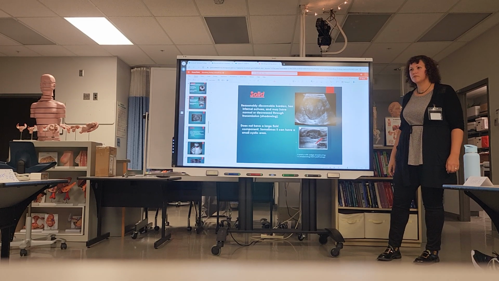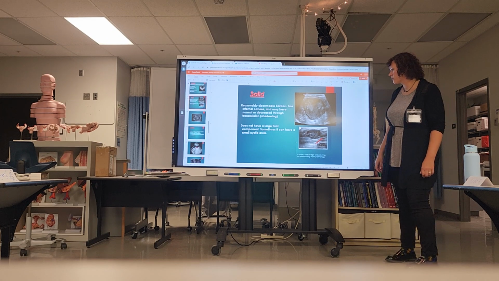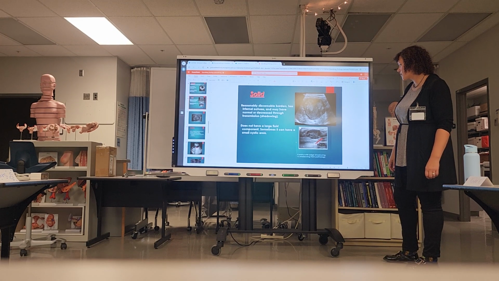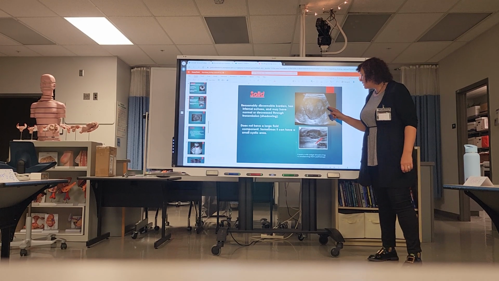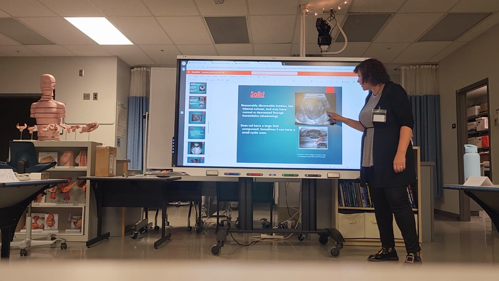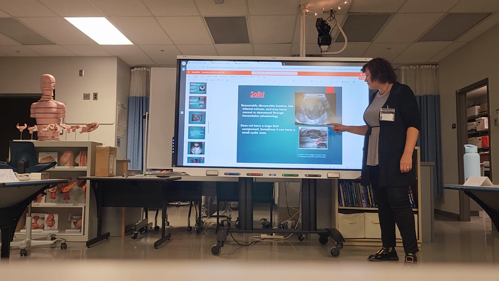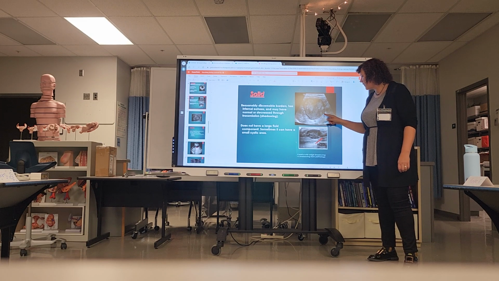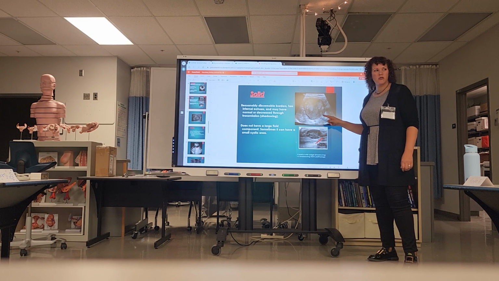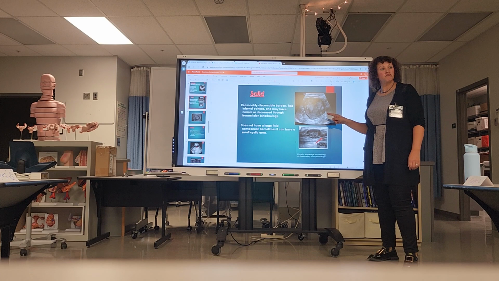And well defined. It is well defined, yes. Would you call that a smooth border or more, because in some spots it looks lobulated? Yeah, it's lobulated, but for the most part, it's well defined. So you can say well-defined lobulated border. Okay, so that's not counteracting each other. No.